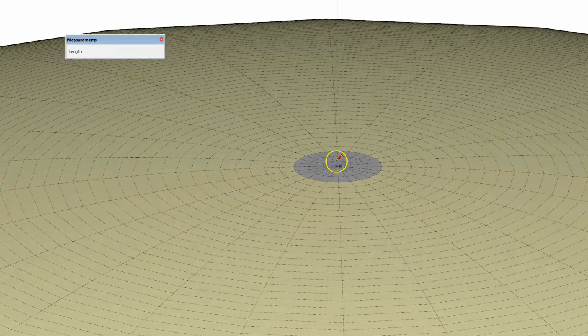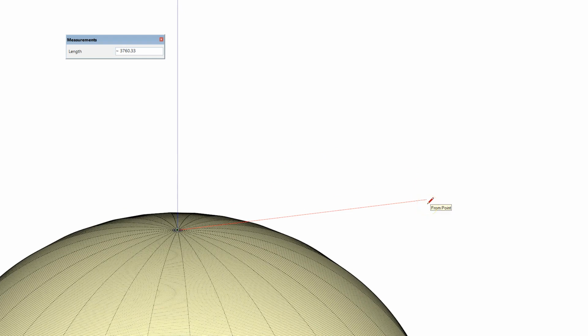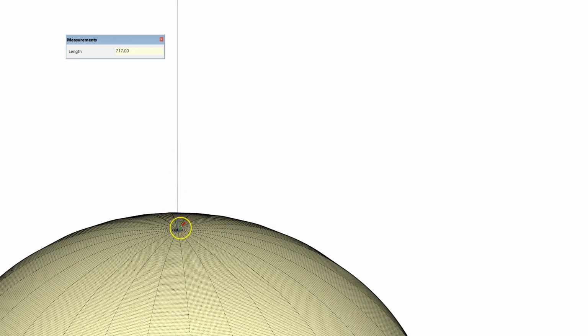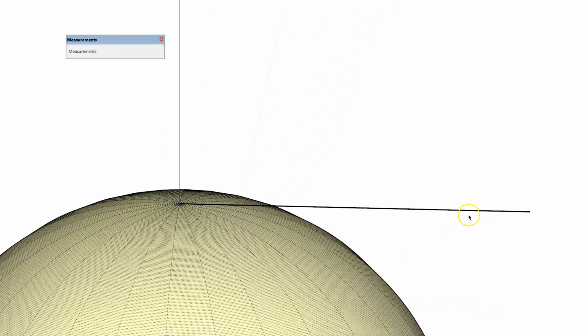We'll put a little line out here, say out this way, and we'll give that a size of 5,000. Oops, didn't mean to do that. I'm going to go 5,000 miles, so 5000. Okay, so this gives us a rough distance.